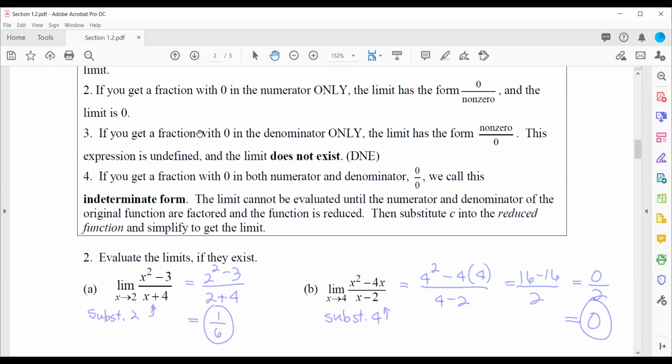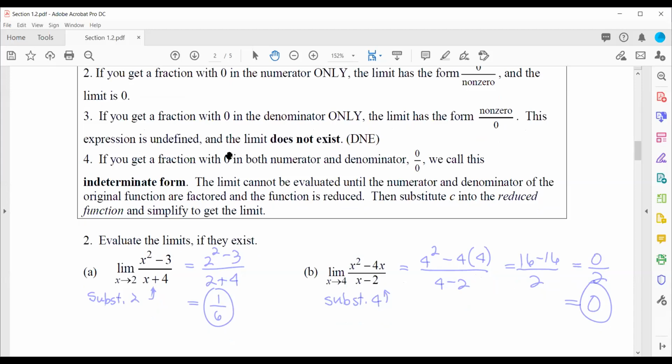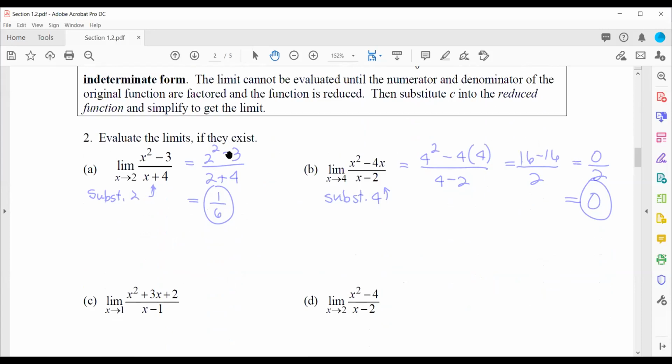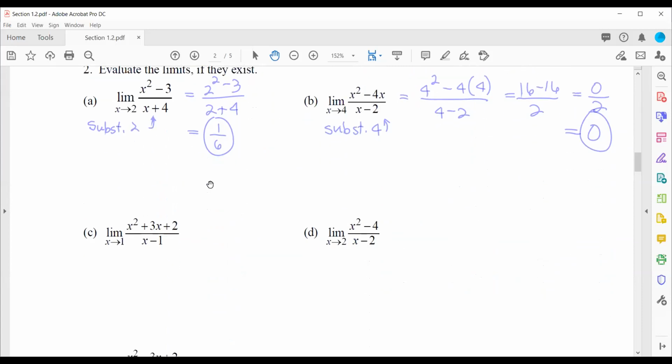The problem comes as before when you get a 0 in the denominator. So I think probably that's going to happen in the next couple of cases. So I'll just go ahead and start with part C. Begin by substituting 1. That's 1 squared plus 3 times 1 plus 2 divided by 1 minus 1.